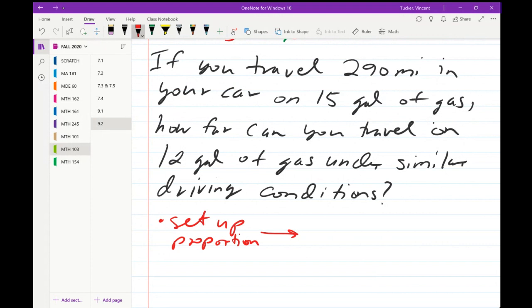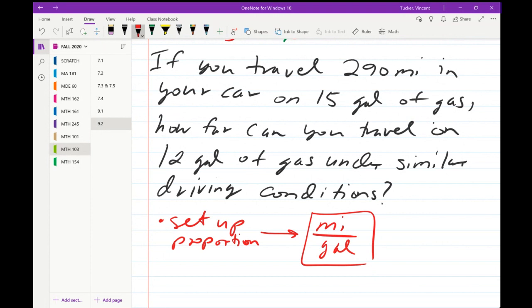You want to set it up the same way throughout your problem. If you use miles over gallon in one ratio, then you have to use miles over gallon in the other ratio as well.